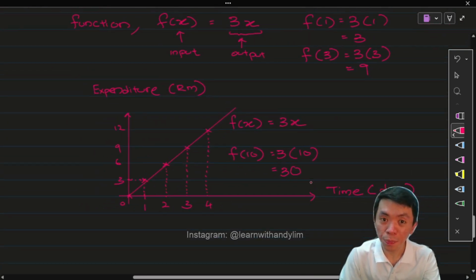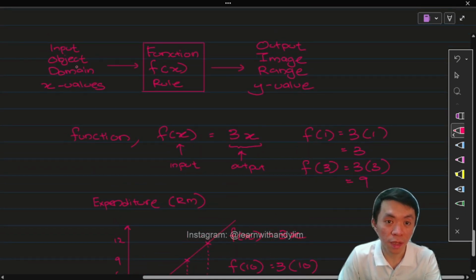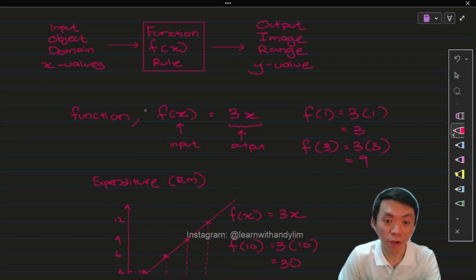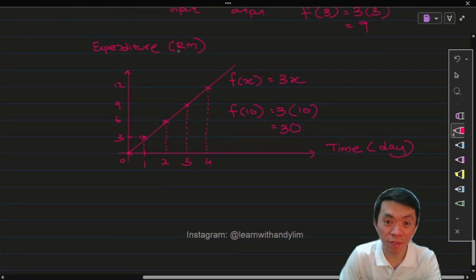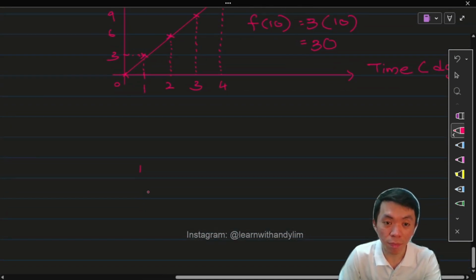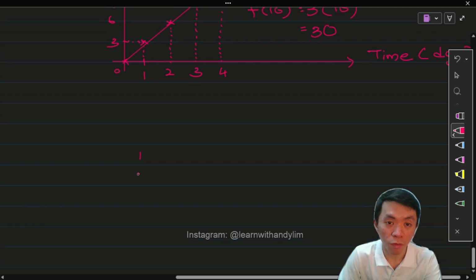Something to take note of: my input is input, object, domain, and it's called the x value. I can represent the same information using this format. I have 1, 2, 3, 4.